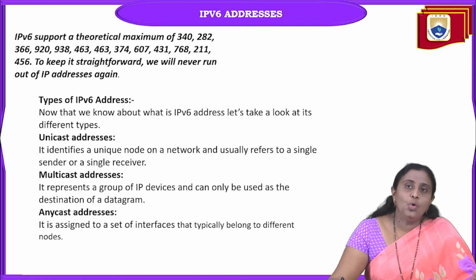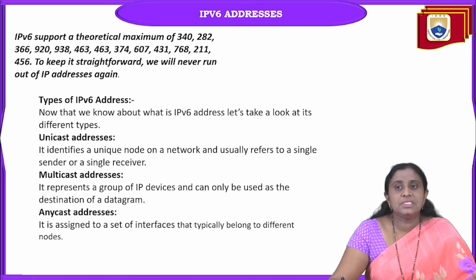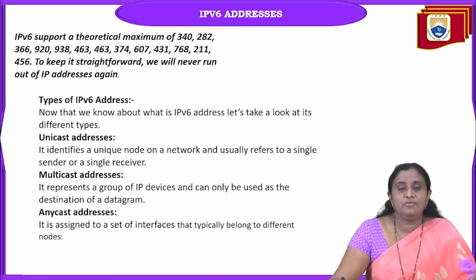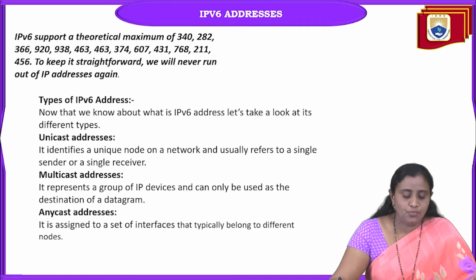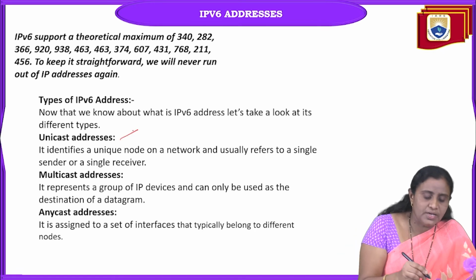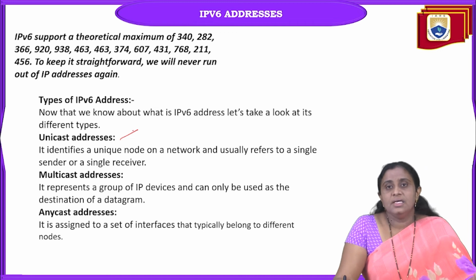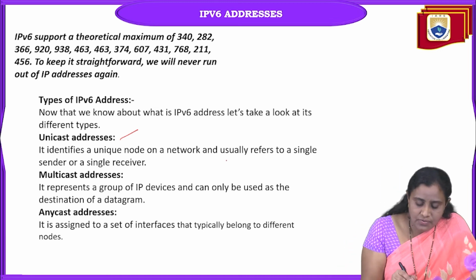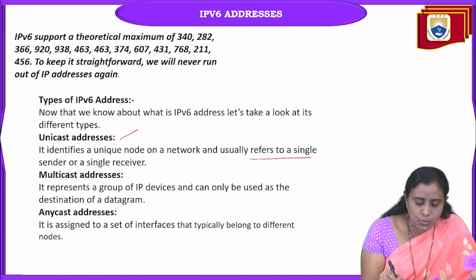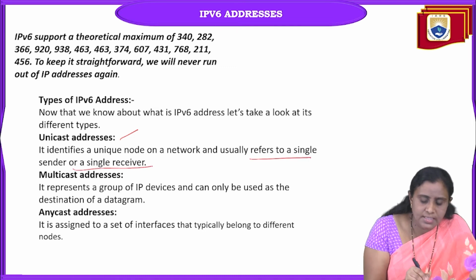Now that we know what an IPv6 address is, let's take a look at the different types of IPv6 addresses which should be included under the IPv6 format. The first one is the unicast address. It identifies a unique node on a network and usually refers to a single sender or a single receiver.